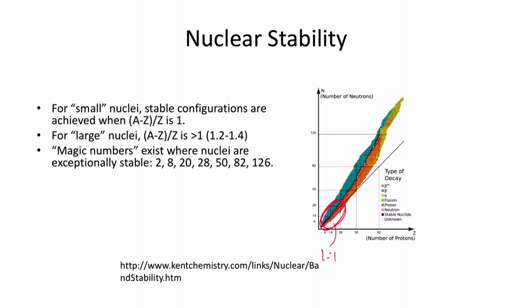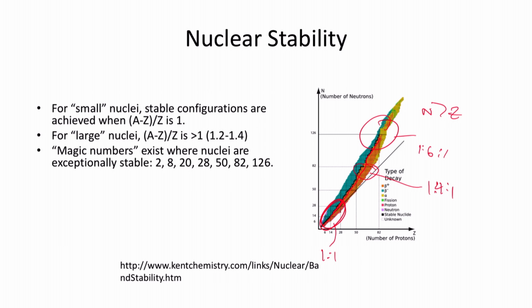But as I go further and further out, the slope increases, meaning that there are more neutrons than protons. By the time I get to the really heavy ones over here, it might be something like 1.6 to 1. And somewhere in the middle, it might be more like 1.4 to 1.